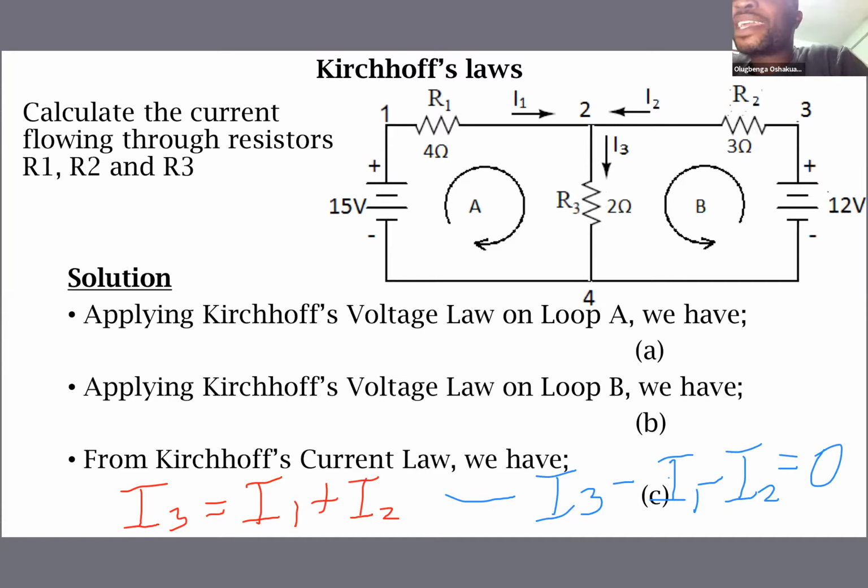So now let's apply Kirchhoff's voltage law on both loops. In loop A, we have chosen this to be a direction of navigation, while for loop B, we're taking this to be a direction of navigation. So for the fact that our direction agrees with the direction with which I expect current to flow out of this battery, then I will say 15 volts.